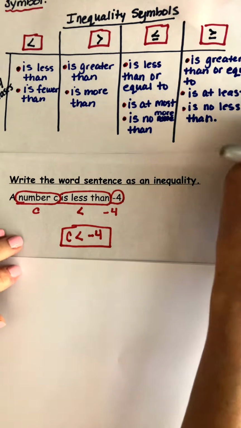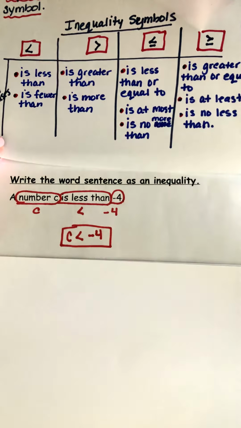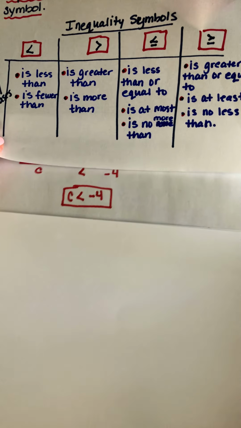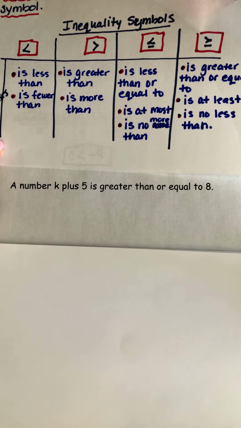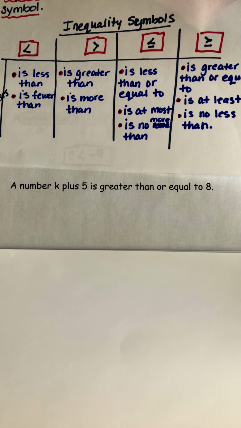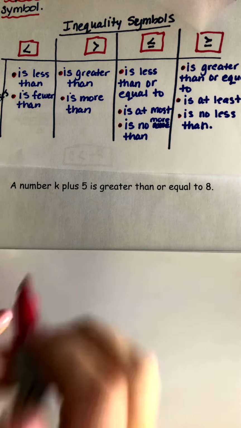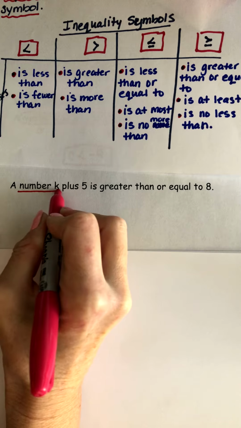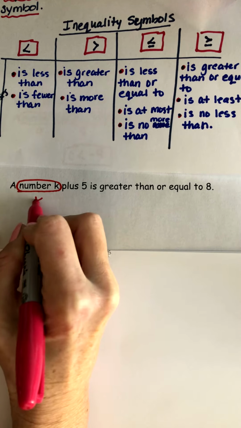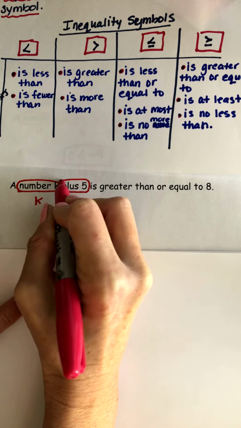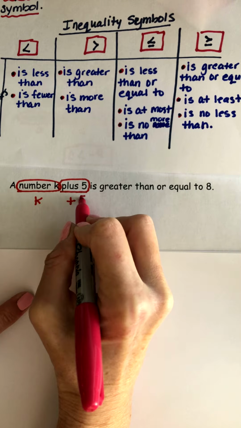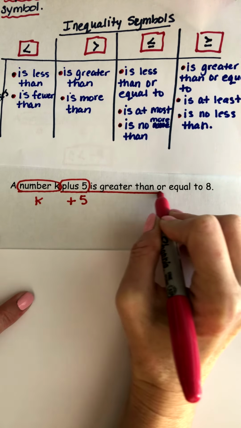Let's try the next one. Again, it's very helpful to have out your key phrases as we move along. We have a number K plus 5 is greater than or equal to 8. So it's K plus 5 is greater than or equal to.